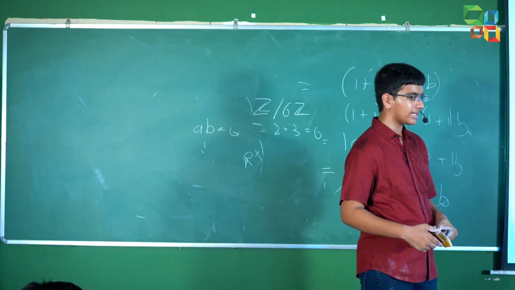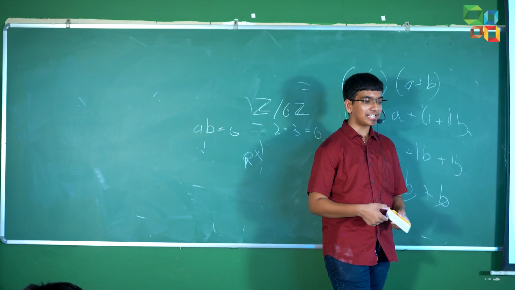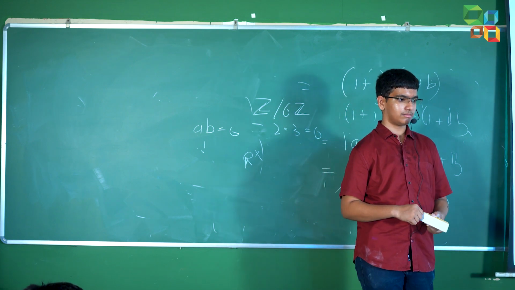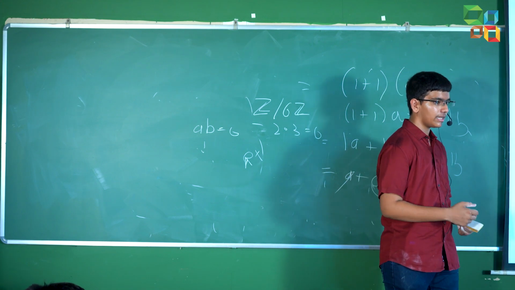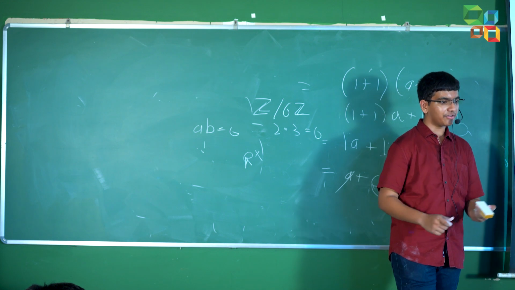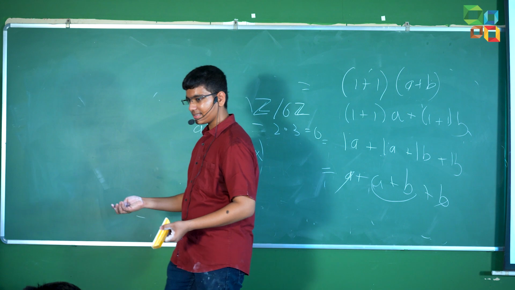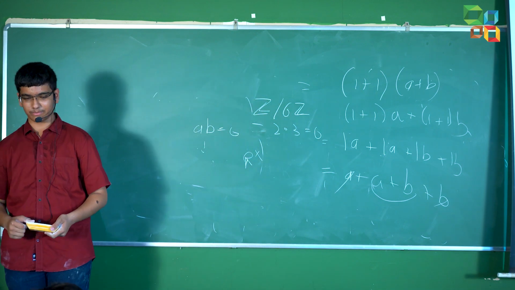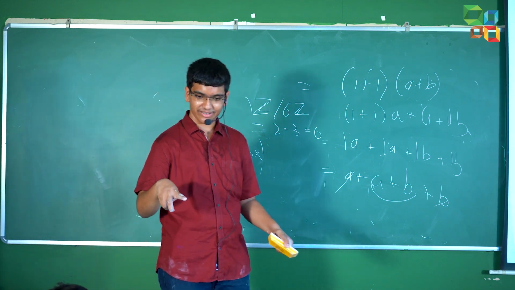Before we look at the other example, try to guess what's a unit in rational numbers. One is a unit, some other units. Think. All of them are units except one number.